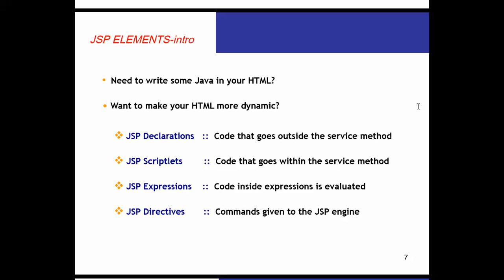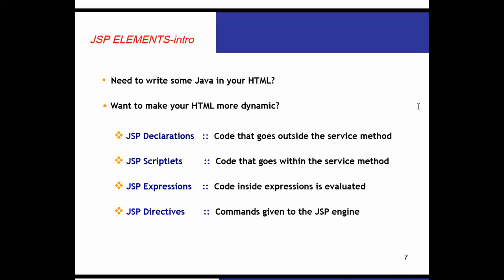Next, coming to scriptlets. In JSP, the code that goes within the service method is called a scriptlet. The service method, as I said, is the doGet or doPost method in servlets. In the same way, a JSP page also has a service method, which is where we write the business logic.